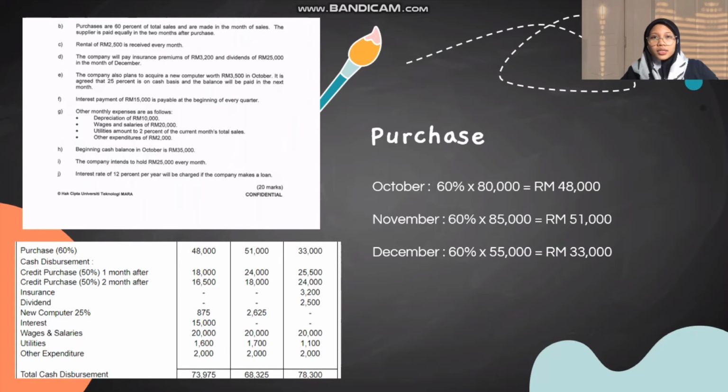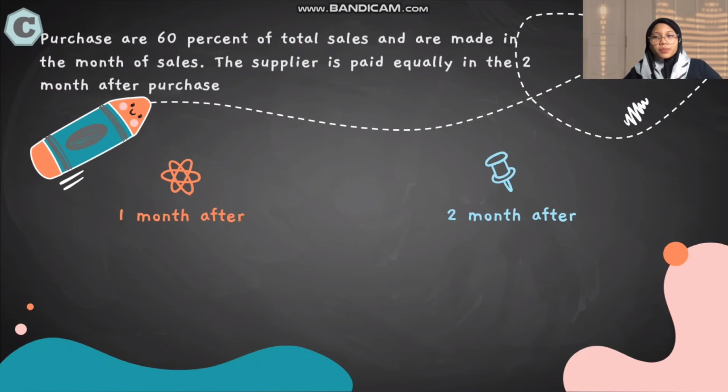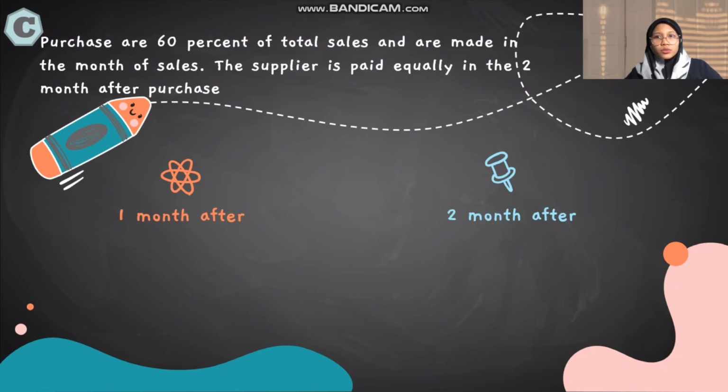And for December, 60% multiplied by 55,000 ringgit, the total sales of December. So in December I get 33,000 ringgit.